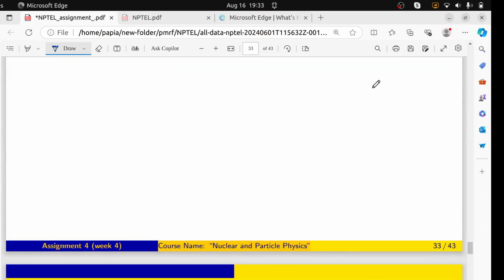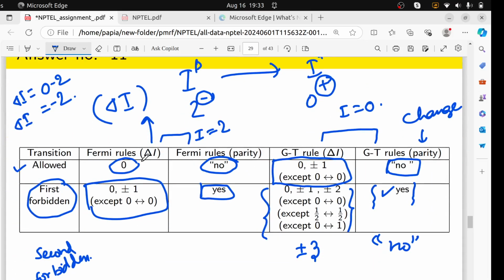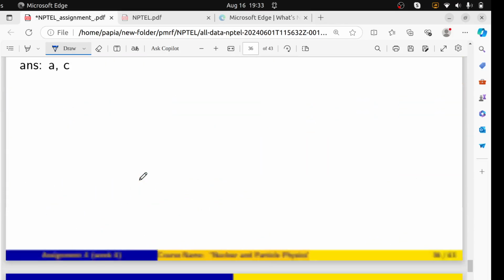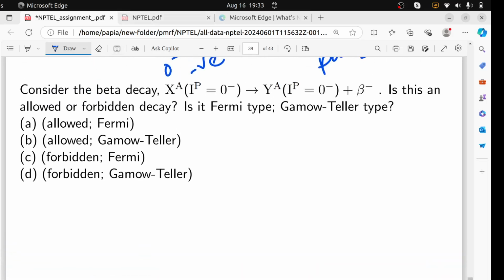What does this mean? It means it is in the allowed region by Fermi type rules. So this is allowed in Fermi. This is a correct option.